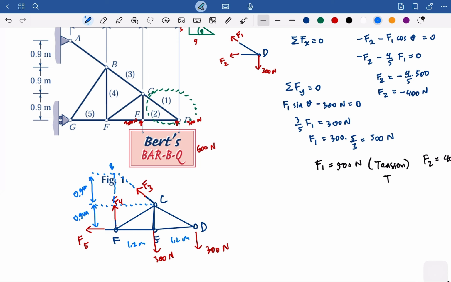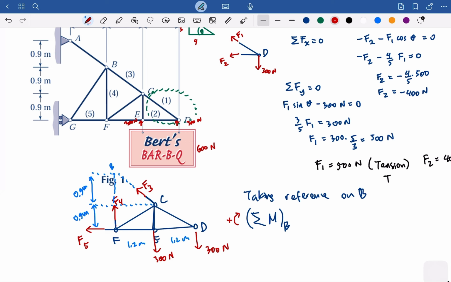Okay, so by taking reference on B, we are going to have sigma moment of B. Usually when we write the moment, we write on the left side the rotation that is positive.